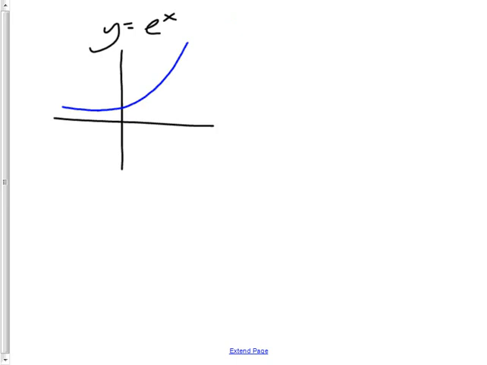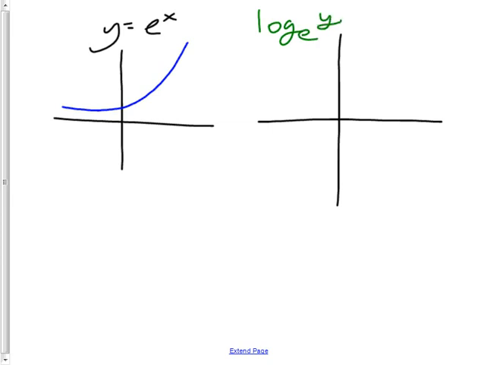Okay, next is the graph that goes with that. If I rewrite this as a log, this would be log base e. Why did I switch it around? Because what we're graphing now is the inverse of this one.